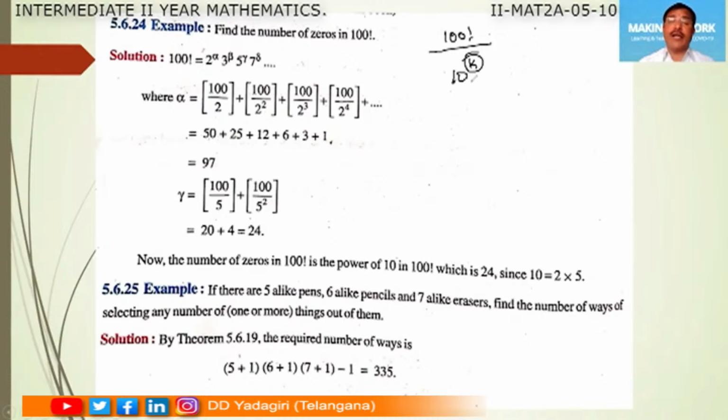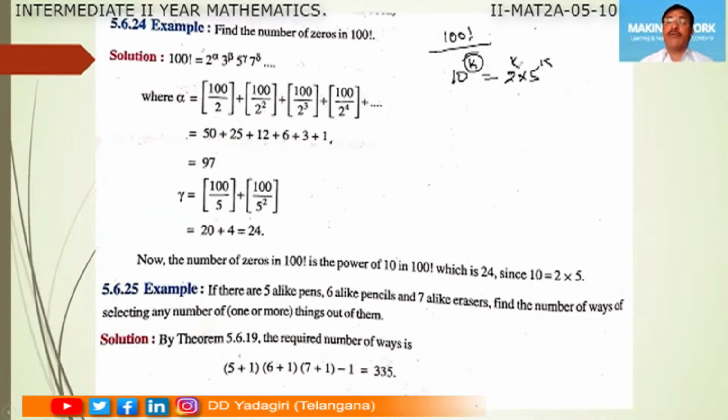But 10 is not a prime number. 10 power k can be written as 2 power k into 5 power k. That means we have to find the exponent of 2 in 100 factorial and the exponent of 5 in the 100 factorial.